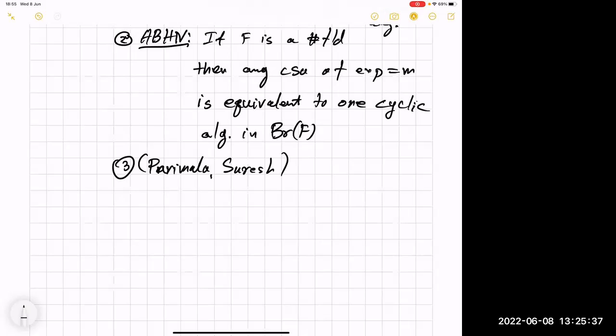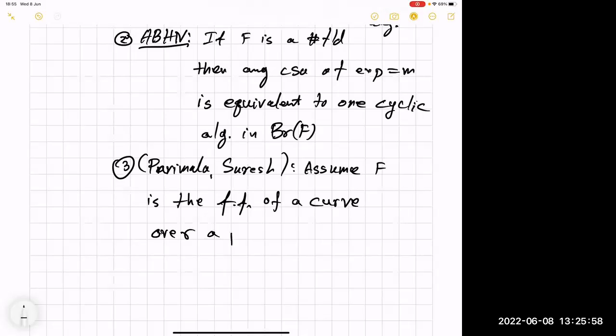And it says the following: assume F is the function field of a curve over a p-adic field.